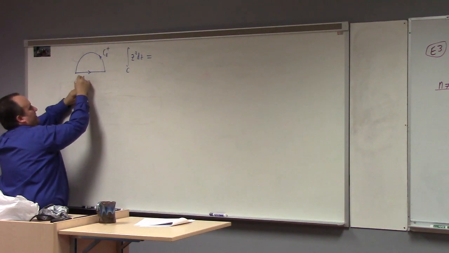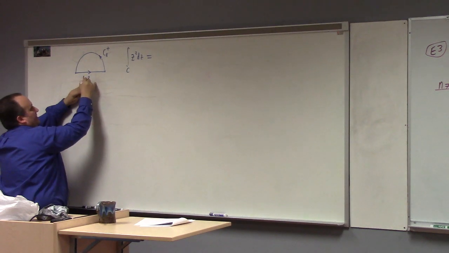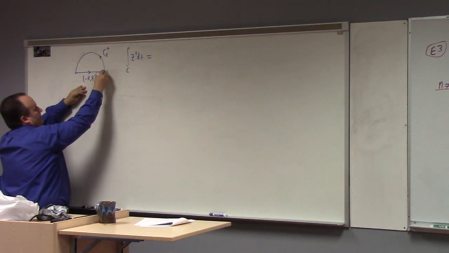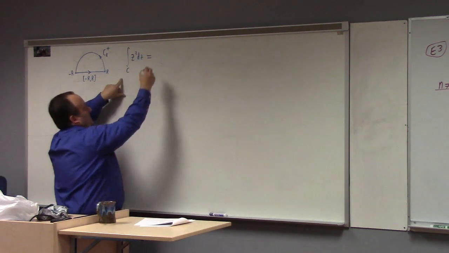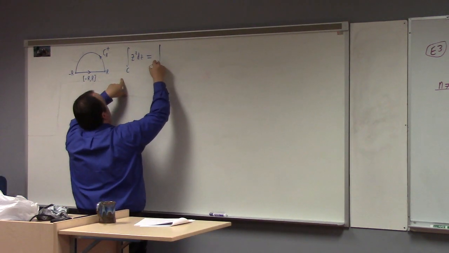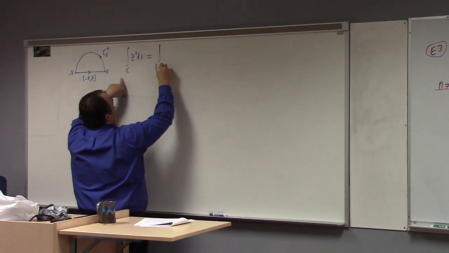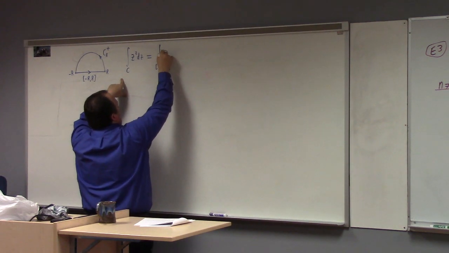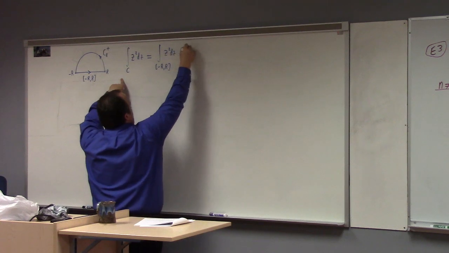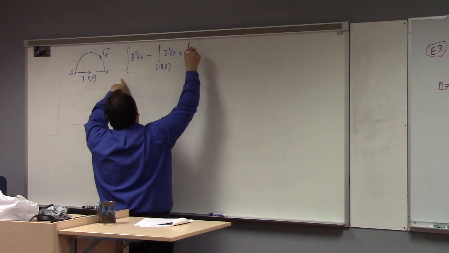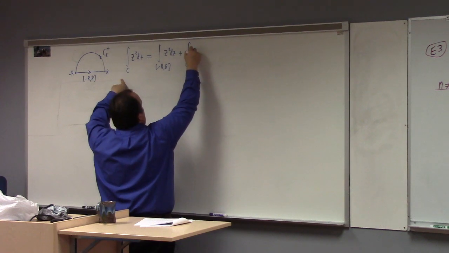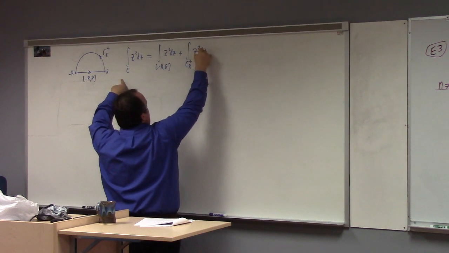And this guy down here, we already have a notation for. It's from minus R to R. We talked about that before. So this is the integral from minus R to R of z squared dz plus the integral over C_R^+ of z squared dz.